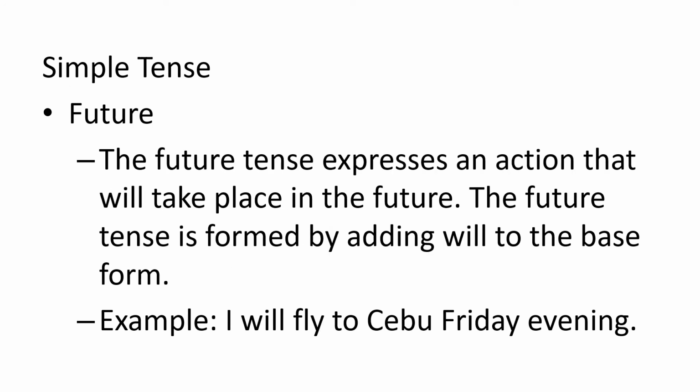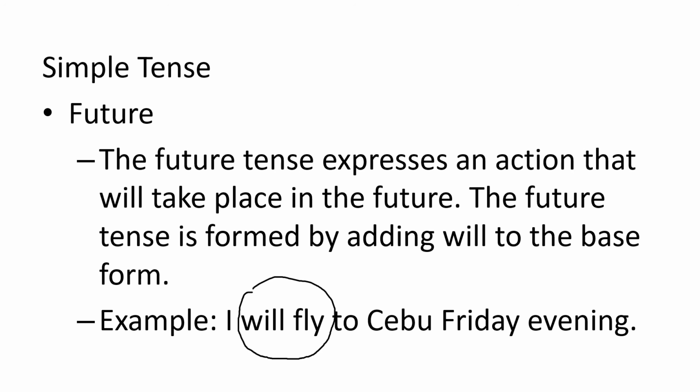The simple future tense expresses an action that will take place in the future. The future tense is formed by adding will to the base form. And meron din nilagay na time or date. Let's identify. For example, the verb or the verb phrase or the words will fly.